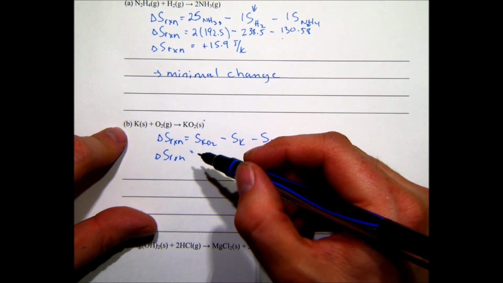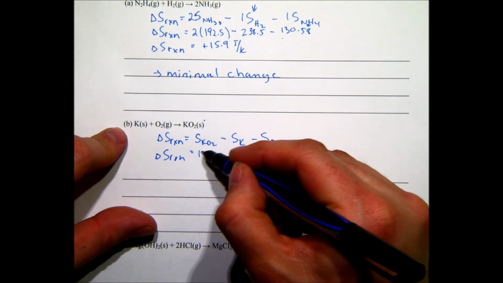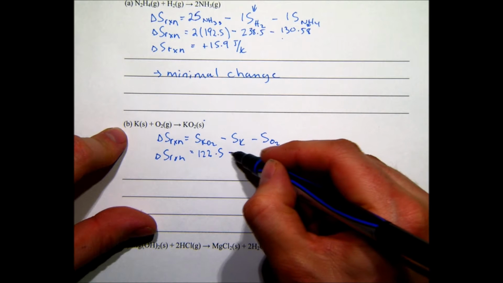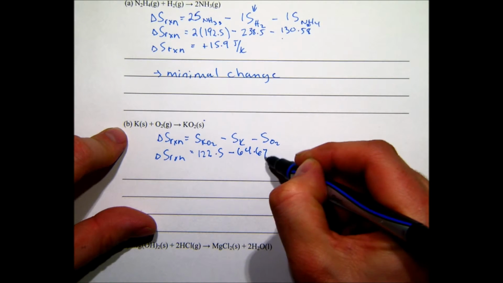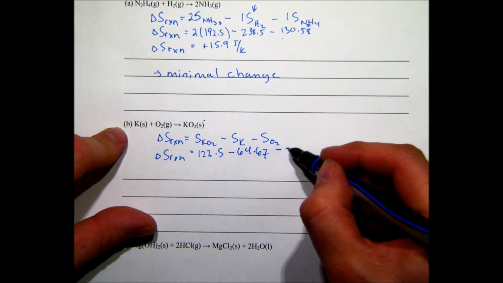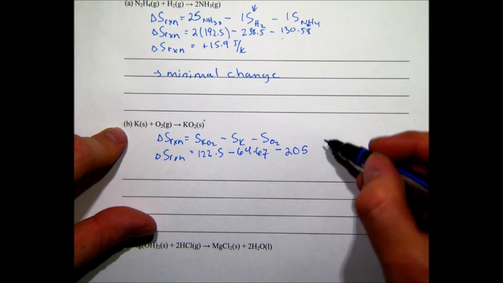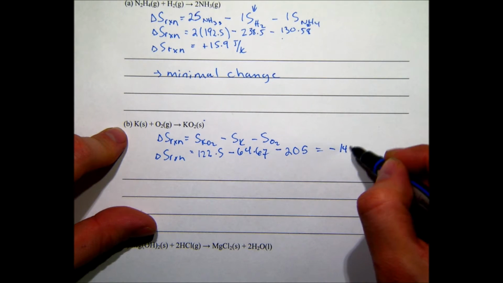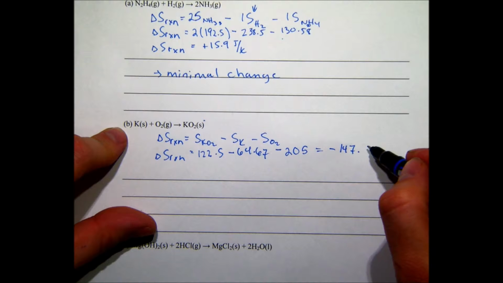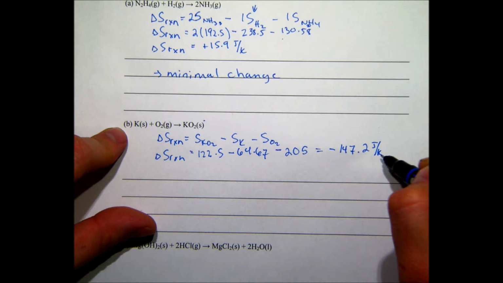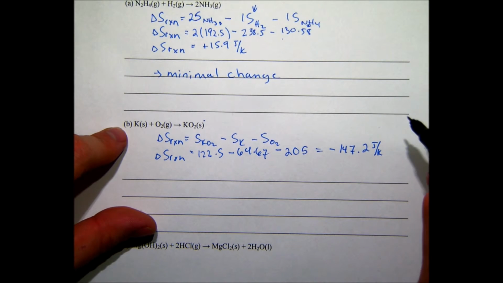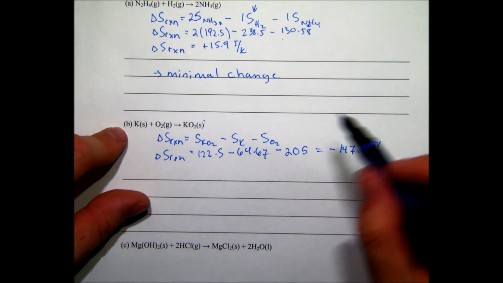I'm going to look up KO2, which is 122.5, take away 64.67, take away 205, and this equals negative 147.2 joules per Kelvin. So negative 147, well, let's look at this.